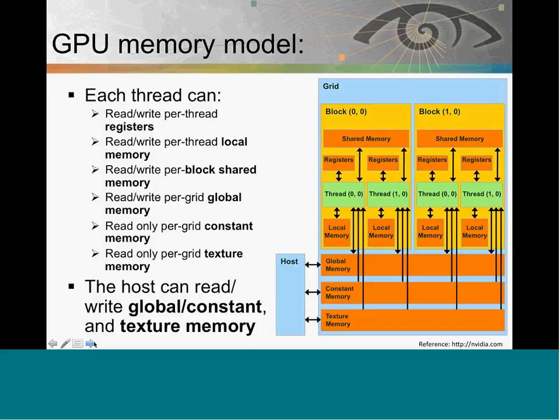Constant and texture are read only memory. So there are multiple blocks, and each has multiple processing units. Each block can have multiple threads. But one block cannot access the shared memory of another block. Within one block you can access the global memory.